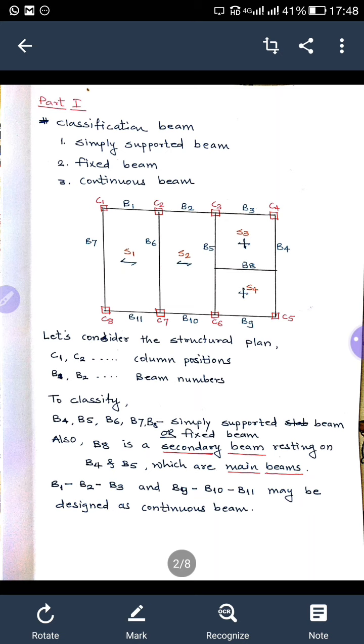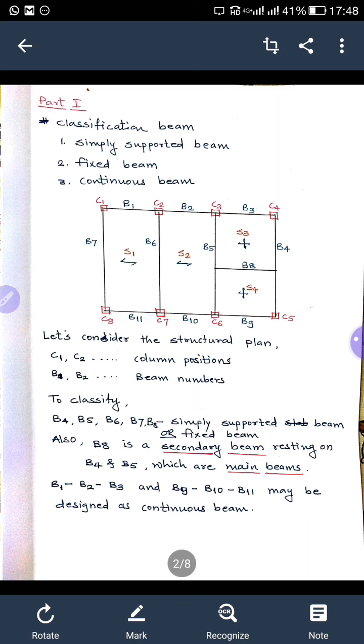You can see this beam B8 is not supported by column, but it is resting on, or supported by, beams B4 and B5.